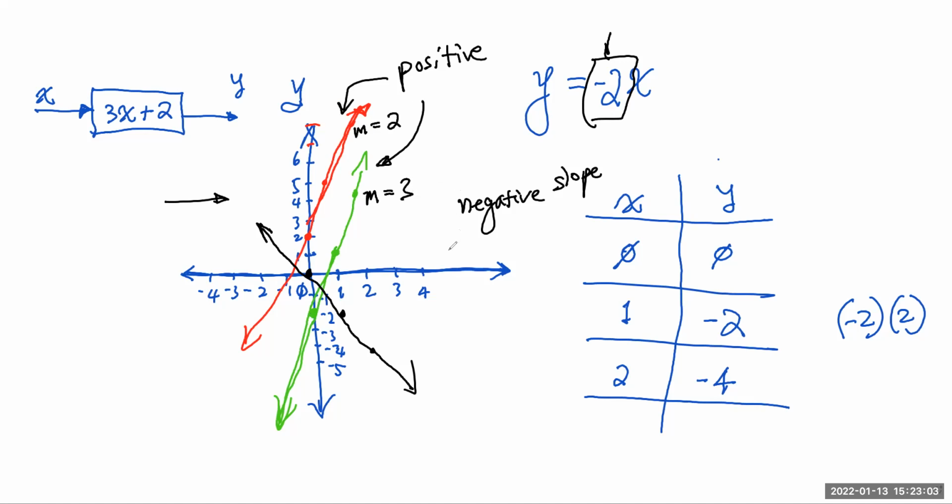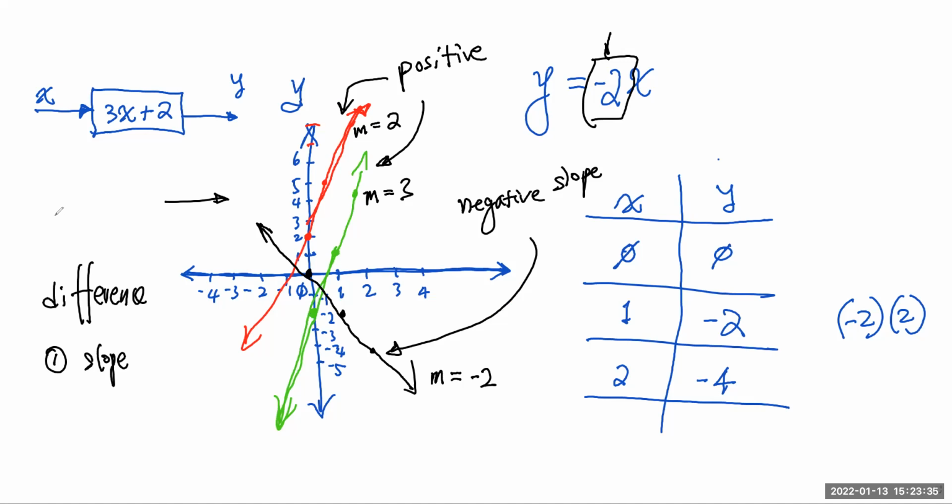Now we have a negative one here. We use m to represent slope, so it's -2. So we know they have different slopes, right? That's a difference.